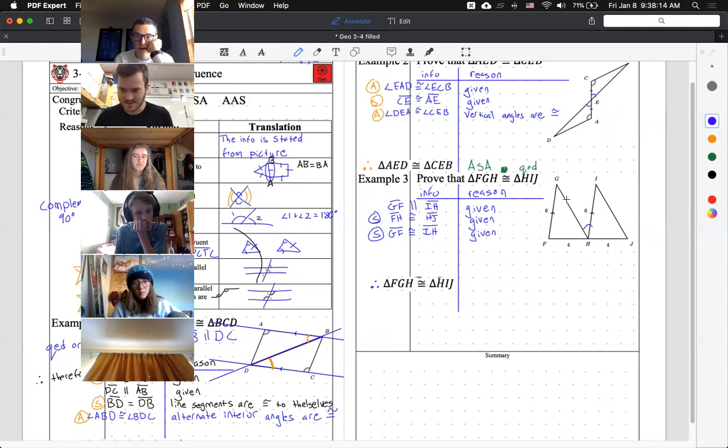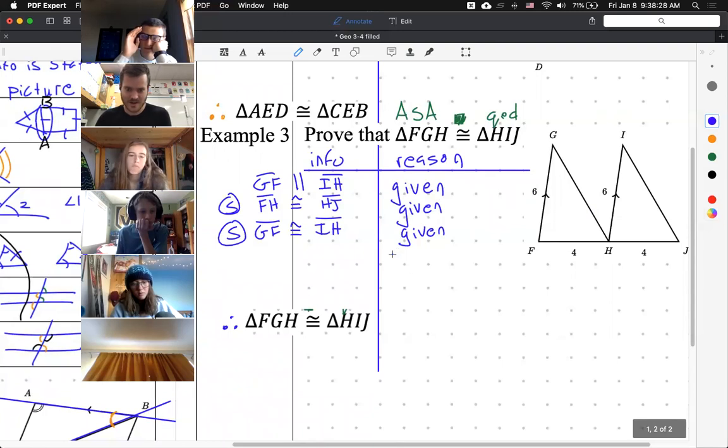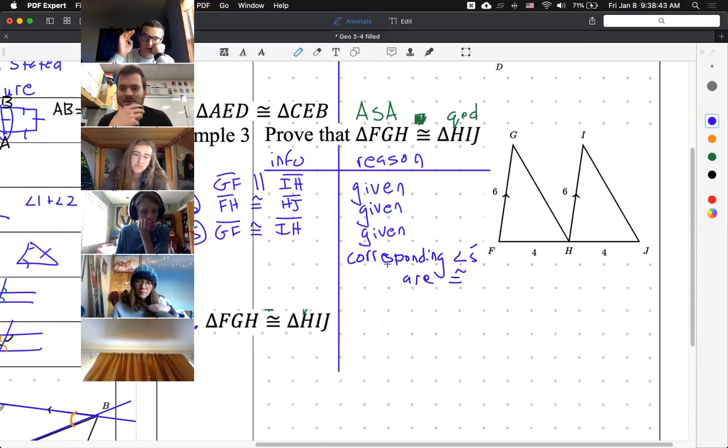Alternate exterior angles, this angle and this angle are alternate exterior angles, but one is inside of a triangle and the other one is outside of the triangle, which doesn't help. We want angles that are both inside of the triangle. So while there are alternate interior angles, I agree, they're not useful. So I'm gonna go ahead and write down your reason. Corresponding angles are congruent.